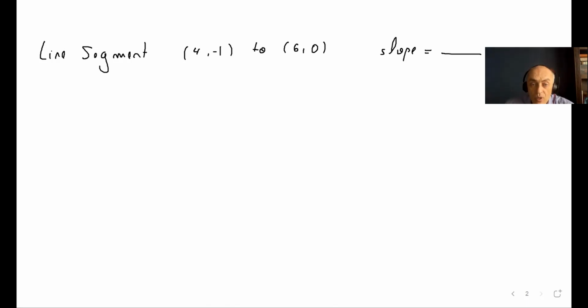If you understood what happened up to this point with the other lines, then you shouldn't have a hard time figuring out this slope. So I'll wait for you folks to tell me in the chat what the slope turns out to be here. Let's see, did anybody calculate that?